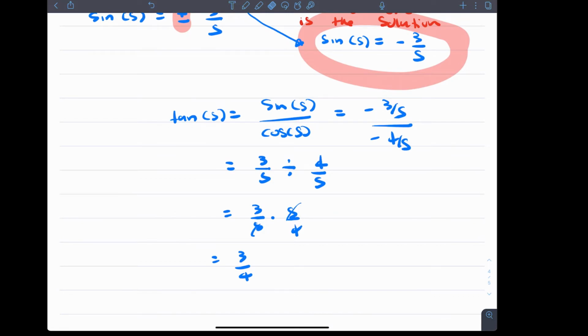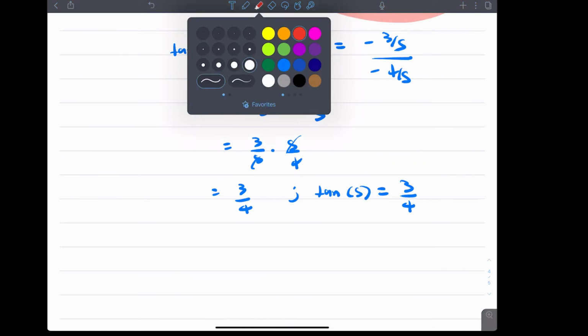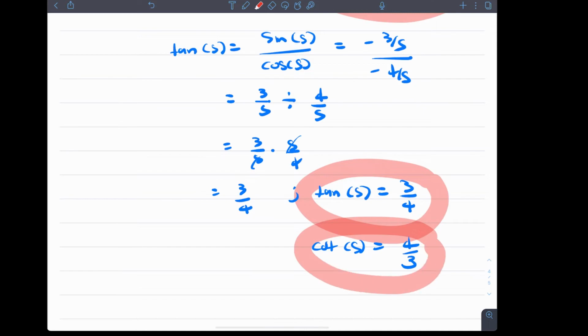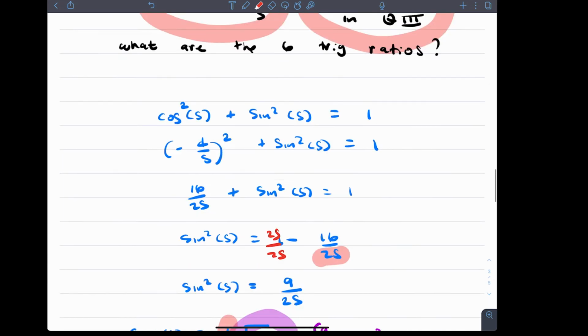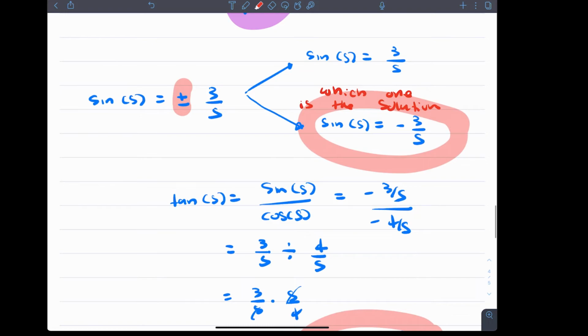Okay? I'm going to write that down somewhere. So if tangent is 3/4, then we know what cotangent is. Is that right? What's cotangent? Is that 4/3? Okay, we got sine is negative 3/5. That means what? What's the reciprocal of sine? Cosecant.